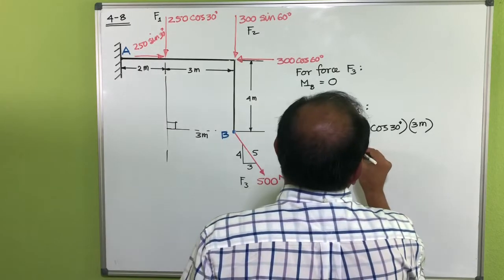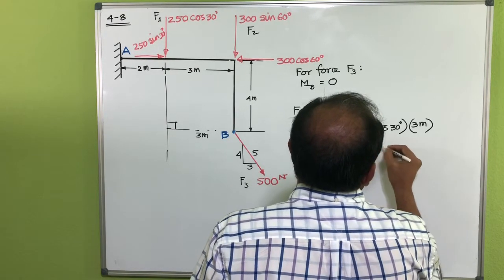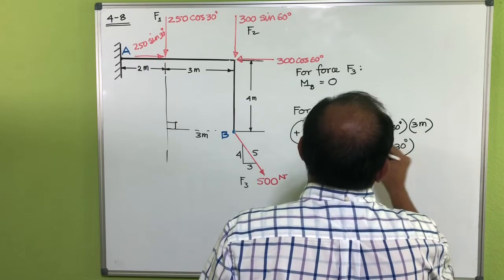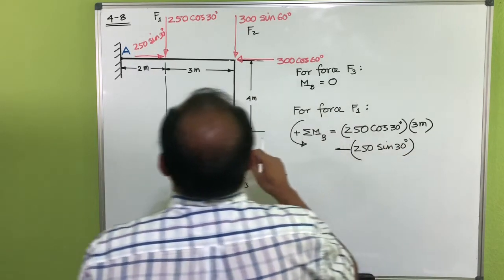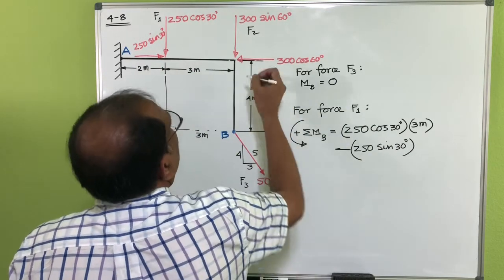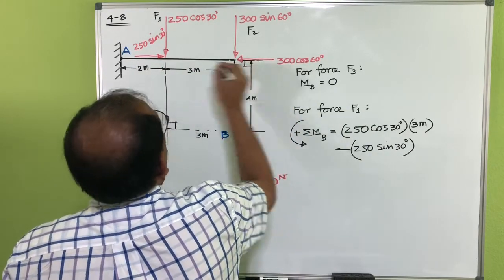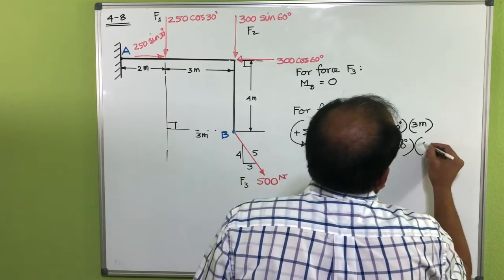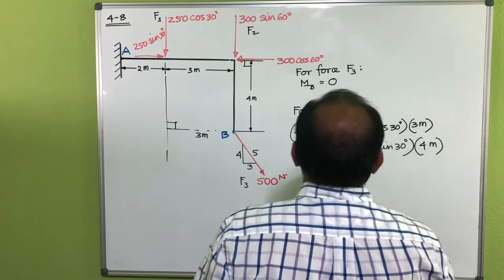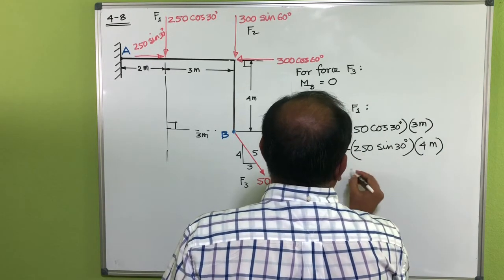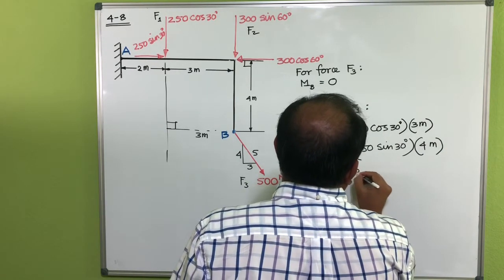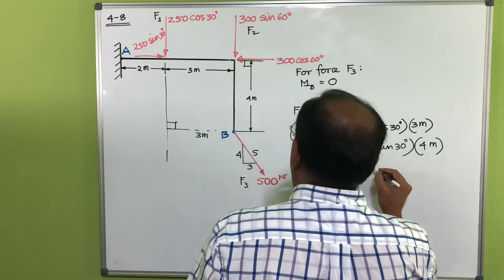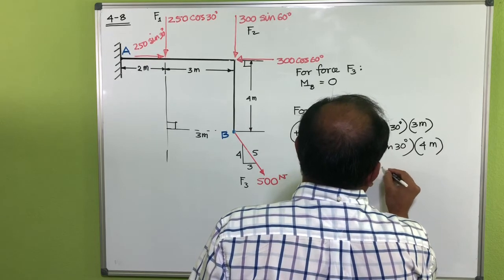Then you can see 250 sine 30 into the distance of that force, which is the line of action of that force, and the shortest distance is 4 meters. So that's basically 150 Newton meter.